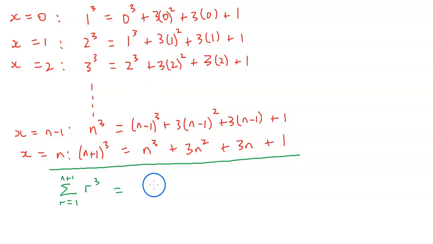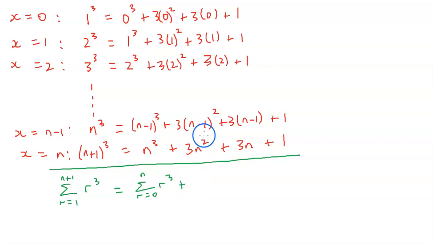And that's equal to the sum from r equals 0 to n of r cubed. So that's adding all of these ones together.